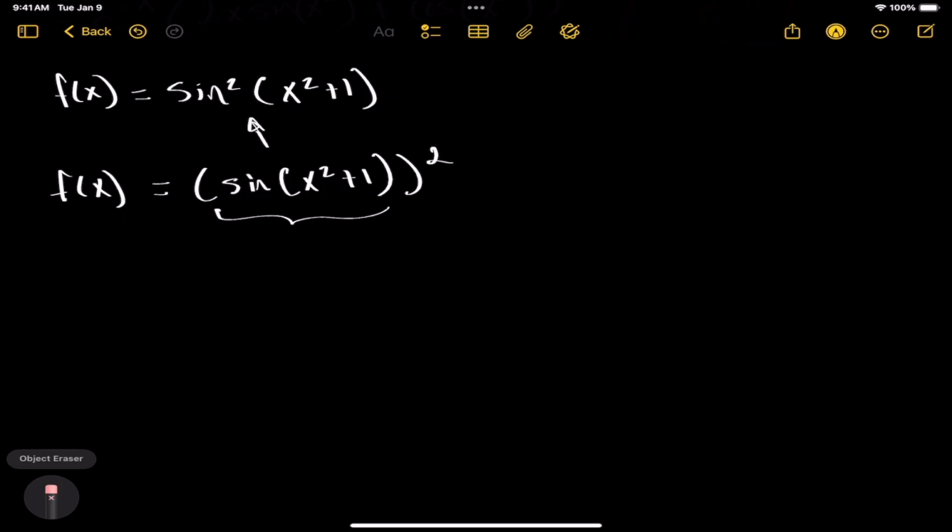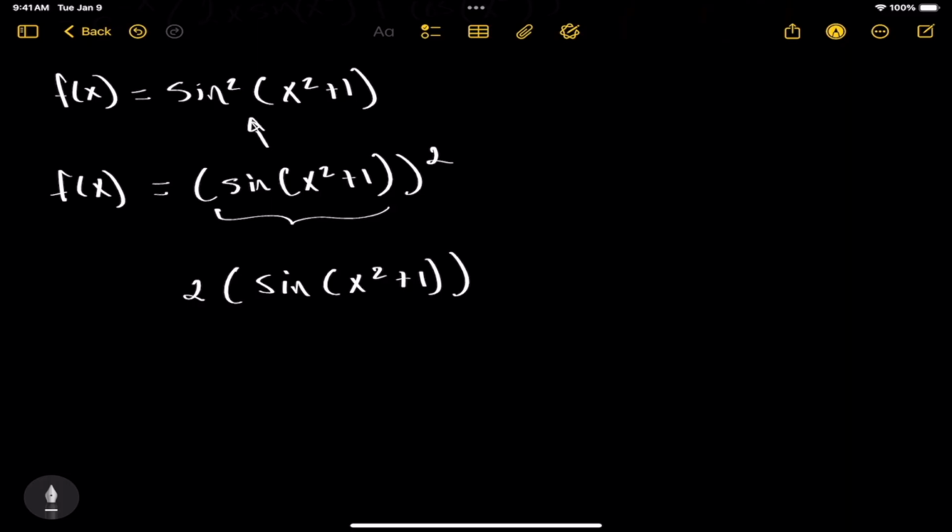Again, that's going to be using the chain rule. Really it's power rule. I know I've been saying power rule in previous videos, but technically I guess we could still say chain rule. But then all we have to do is rewrite the function that's inside, and there's no more exponent.